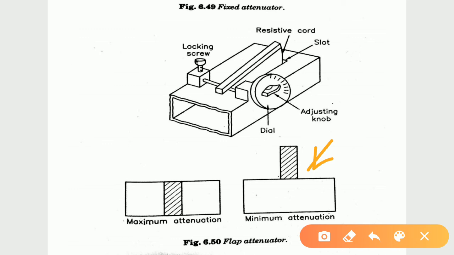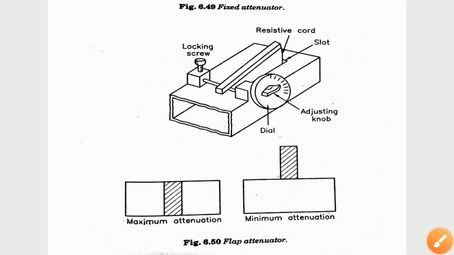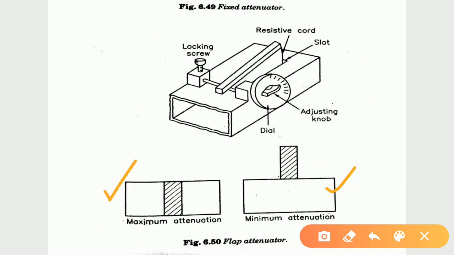It is not inserted into this waveguide, so there will be no attenuation for the microwave signal. So this diagram is for maximum attenuation, and this one is for minimum attenuation, and this is the basic structure of this flap attenuator. So please remember this diagram.